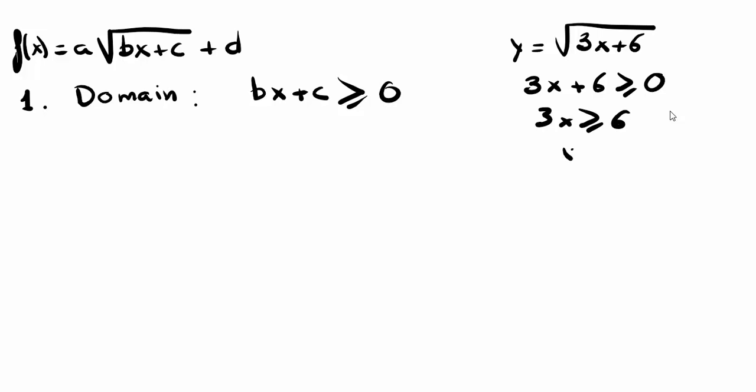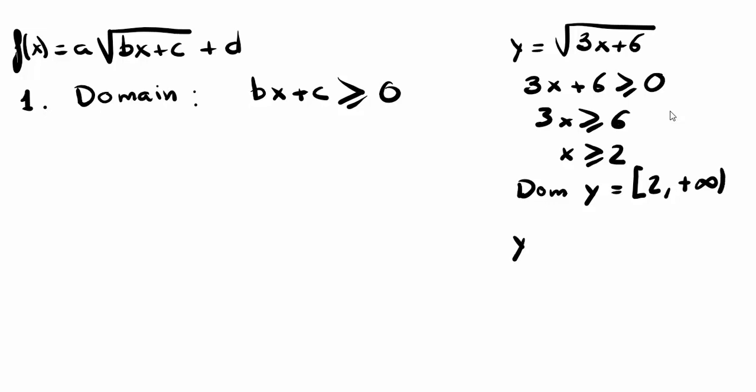And now dividing by 3 both sides, x is higher or equal than minus 2. In this case, the domain will be numbers bigger or equal than minus 2. It can be written as from minus 2 to plus infinity.